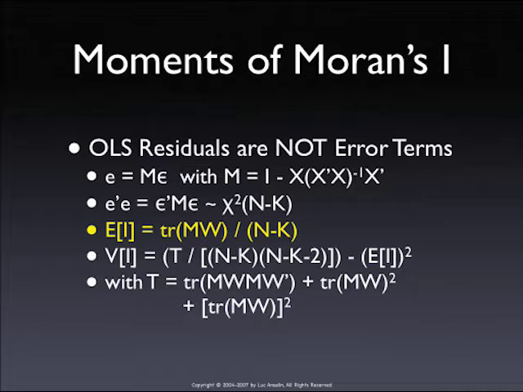And similarly, the derivation of the variance, if you thought it was complicated for Moran's I to begin with, it's even more complicated here, because all these trace terms get in there. These look very complicated, but trace is the sum of the diagonal elements.